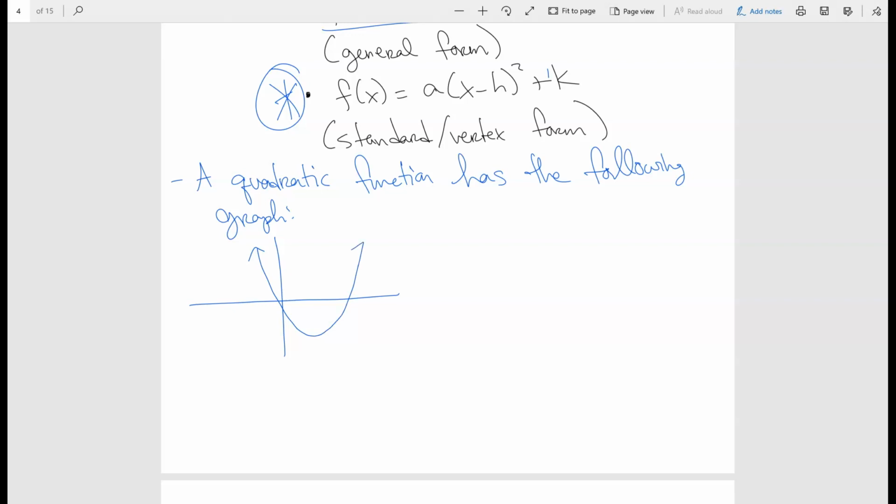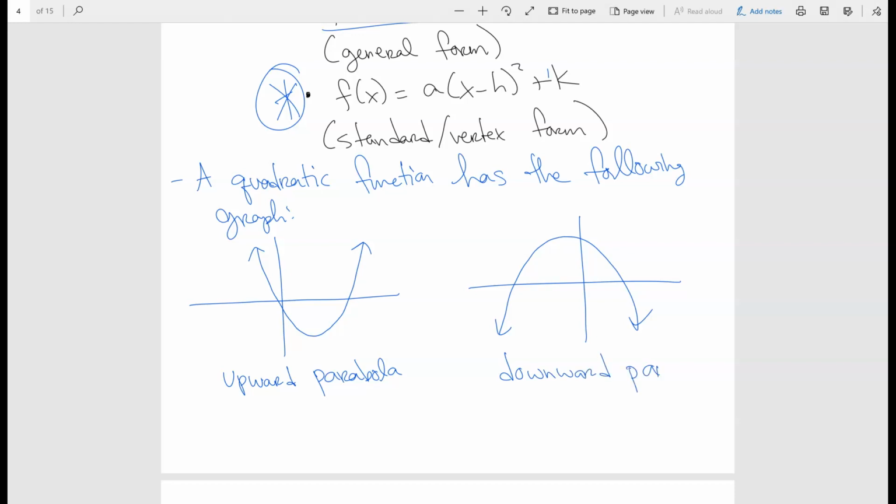It can look like this, or it can look like this. Okay, so this is what we call a parabola. This is what we call an upward parabola. This is what we call a downward parabola. Or what I like to say, a happy parabola and a sad parabola.